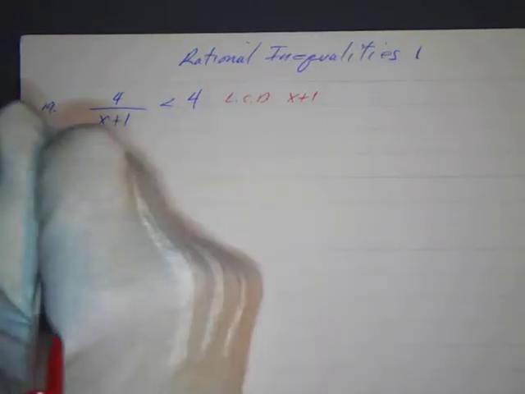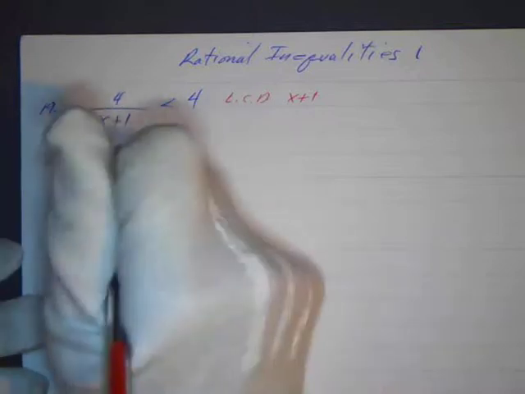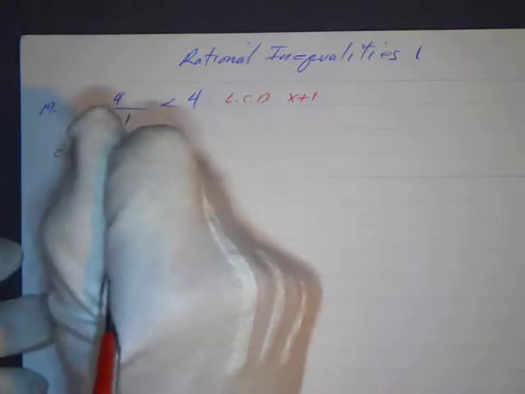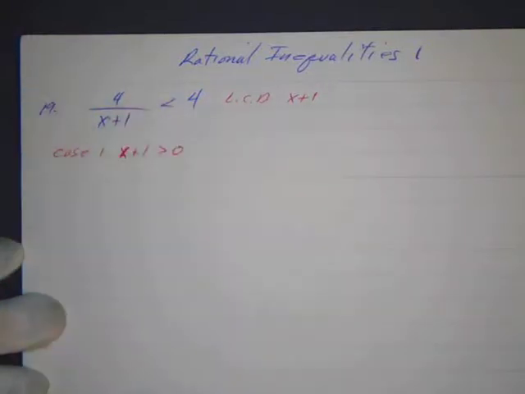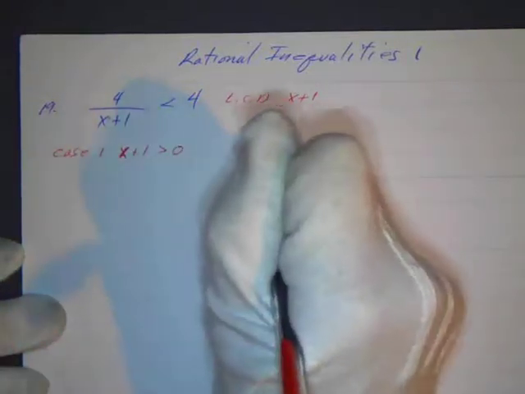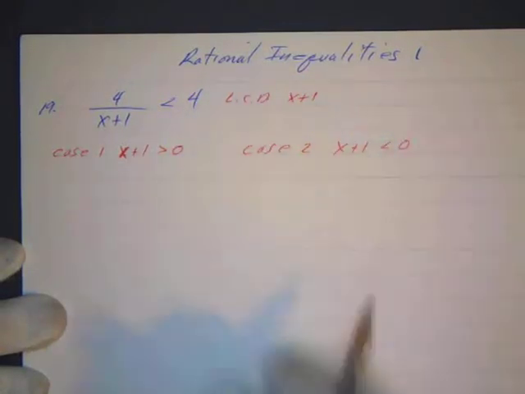So we've got case 1. In the LCD, I guess I could say x plus 1 is positive or greater than 0. And case 2, x plus 1 is less than 0 or negative.